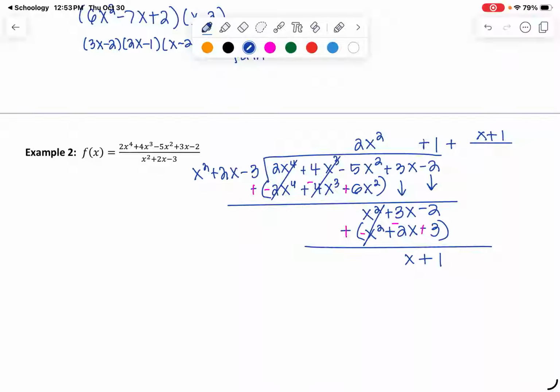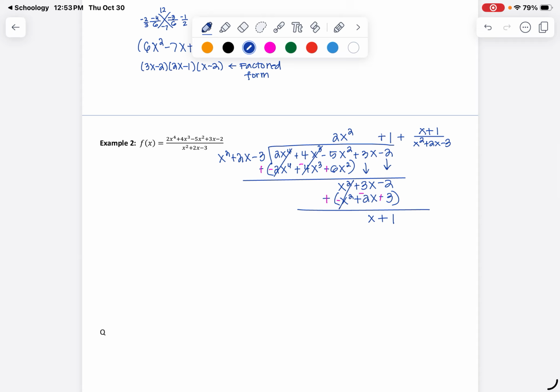In my denominator goes the divisor, or what I divided by, x squared plus 2x minus 3. So we have a final answer of 2x squared plus 1 plus x plus 1 over x squared plus 2x minus 3.